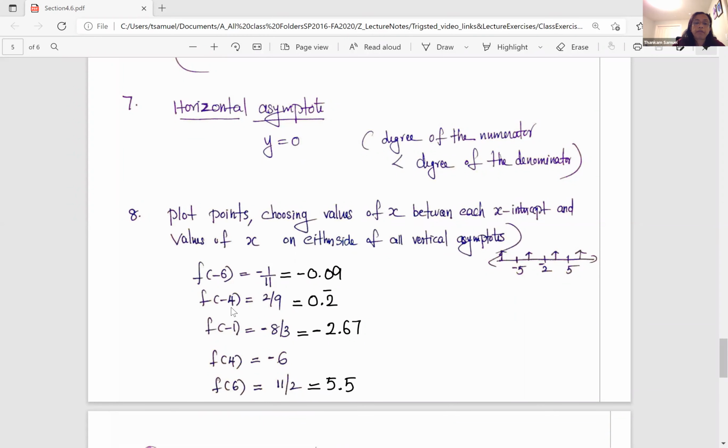So f of -4, substituting this value in the function, you will get 0.222, so 2 is repeating. And choose another value between -2 and 5. Let's say -1. When you substitute -1 in the function, you will get approximately -2.67.